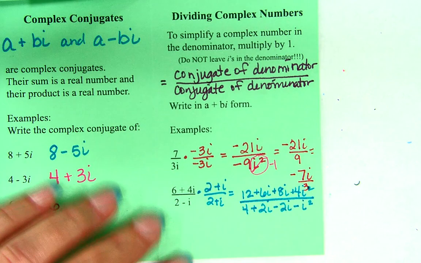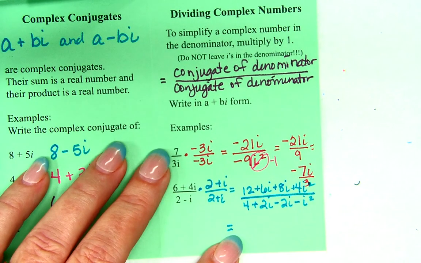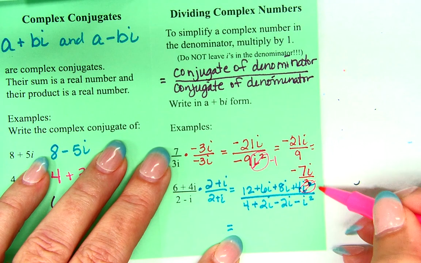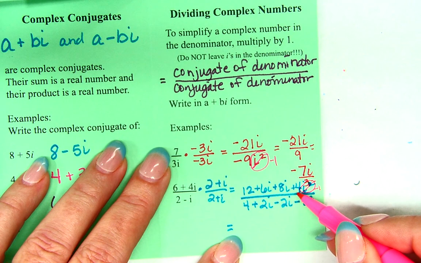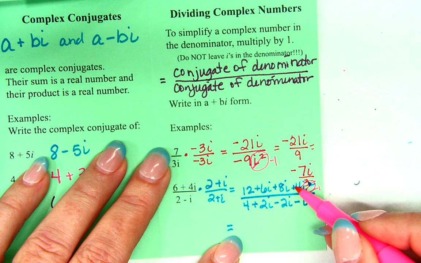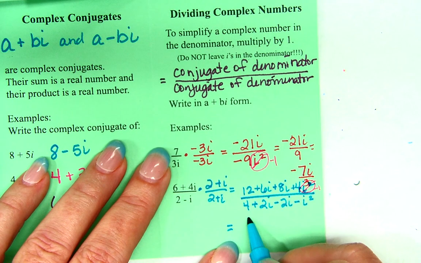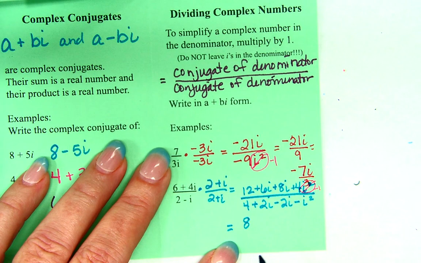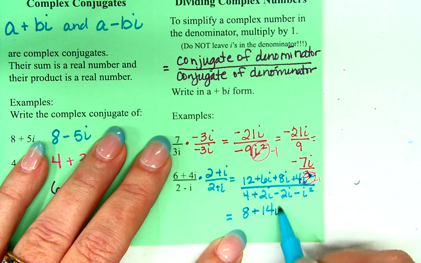Okay? Now let's simplify. In the numerator, I've got this i squared right here, which actually equals what? Negative 1. So I've got a negative 1 times 4, which is what? Negative 4. So I have negative 4 and 12. 8. Then I have 6i plus 8i. 14i.